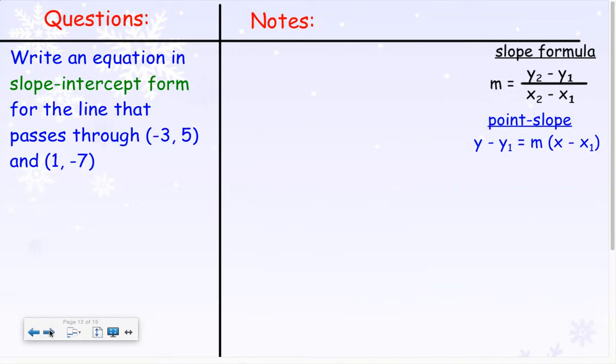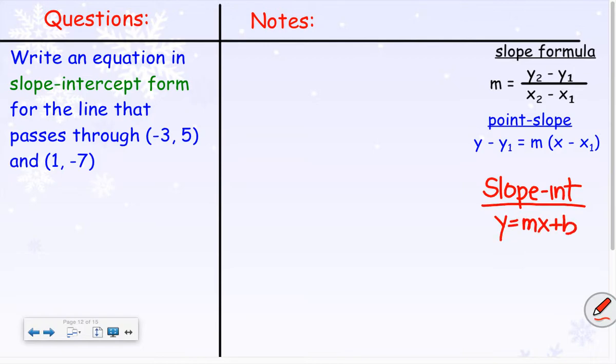All right, let's go through that same process once again. Our slope-intercept form is y equals mx plus b. Right now I'm given 2 ordered pairs, so I know points, but I don't know the slope yet. So let's find the slope.